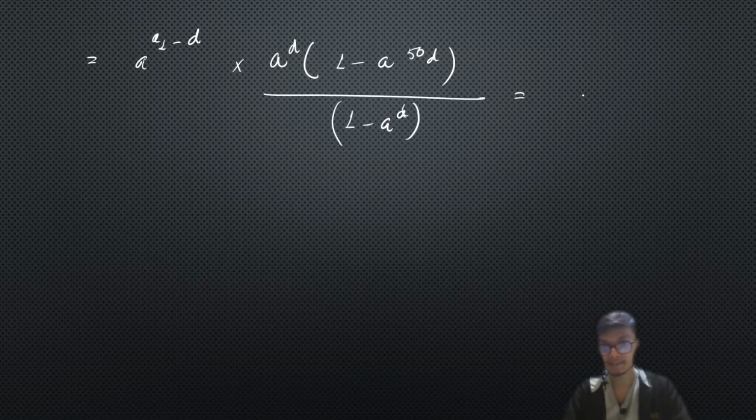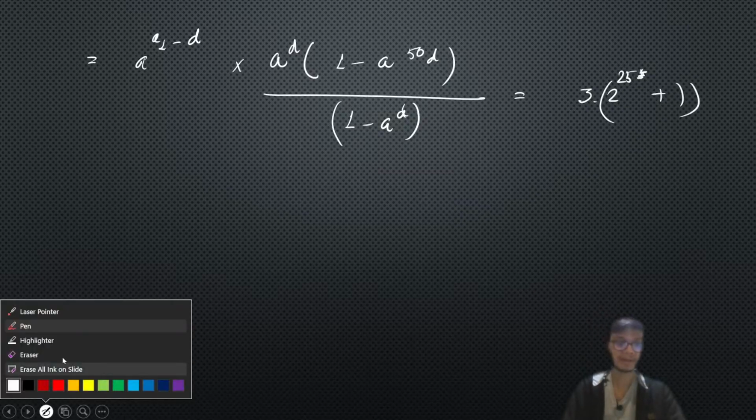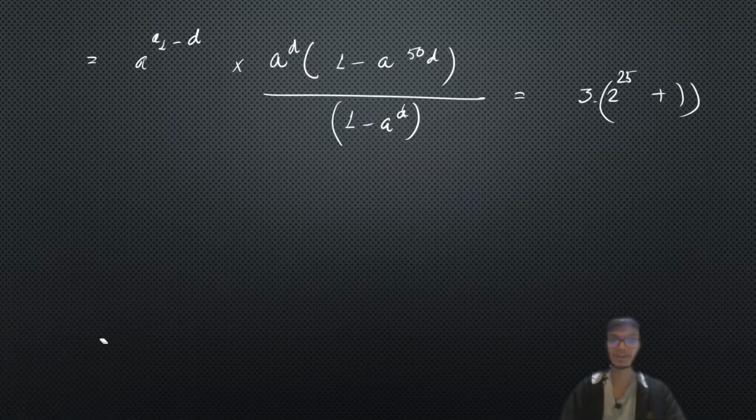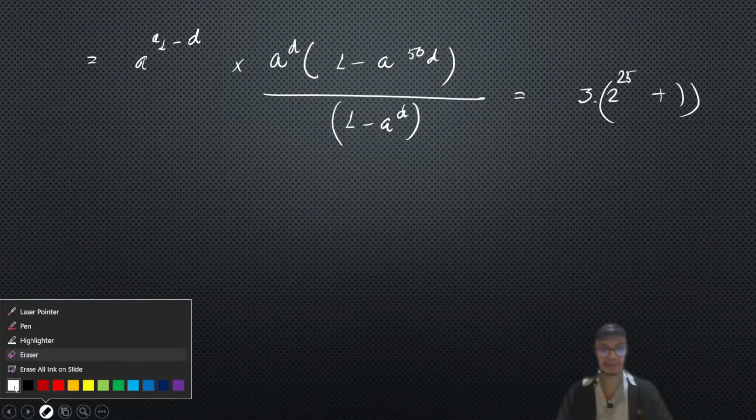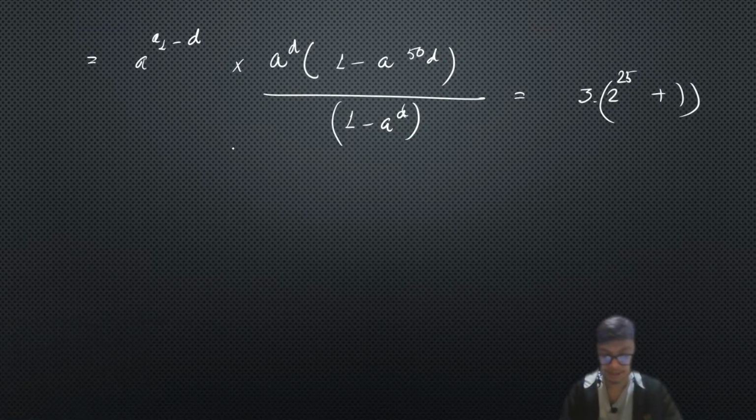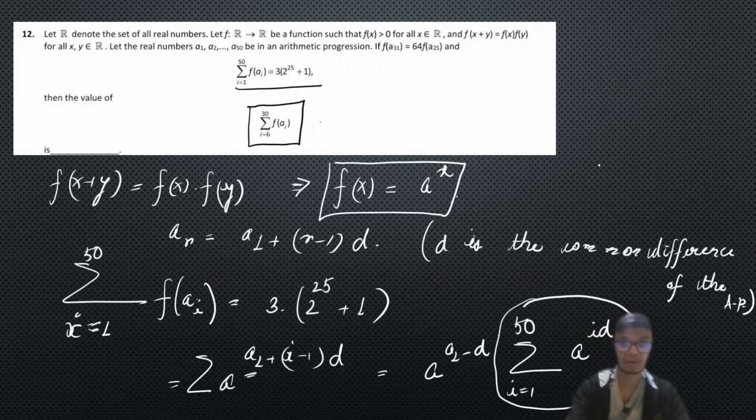And that is given to us as 3 into 2 to the power 25 plus 1. If I go on doing the algebra for the second condition as well, I'm going to get a to the power minus d, and this d is going to cancel out. So here you get one equation.